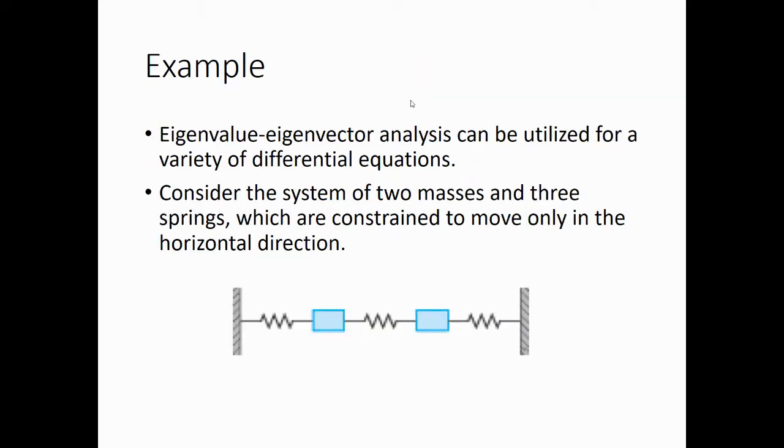So as an example, looking at systems of differential equations, eigenvector and eigenvalue analysis can be utilized for a variety of differential equations. Now, I don't know who builds this stuff besides physicists and introductory engineering professors who teach statics and dynamics, but consider a system of two masses and three springs, which are constrained to only move in the horizontal direction.